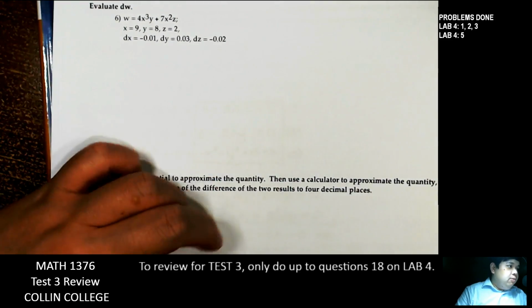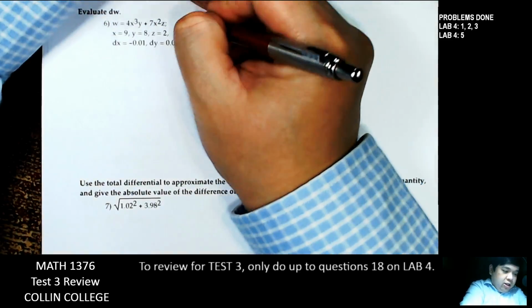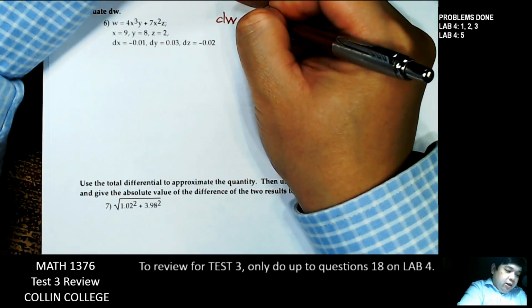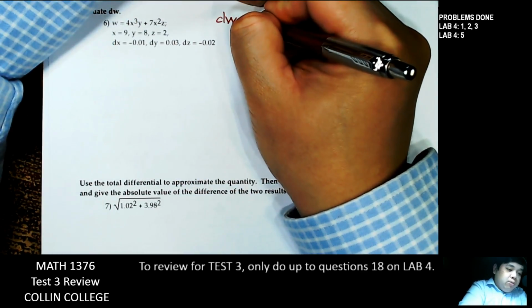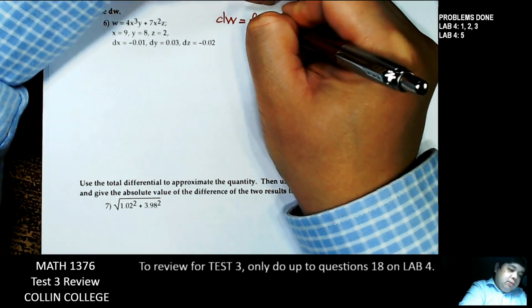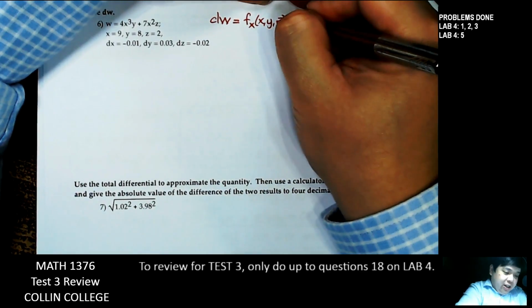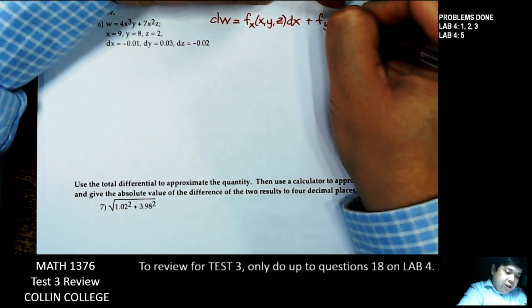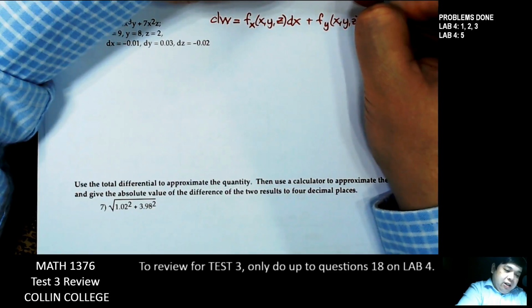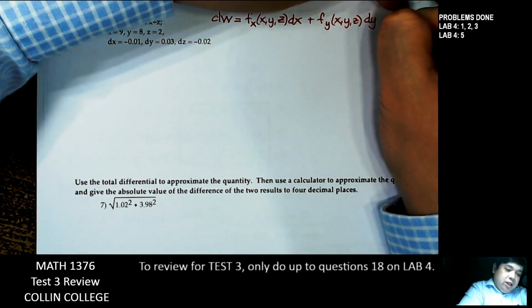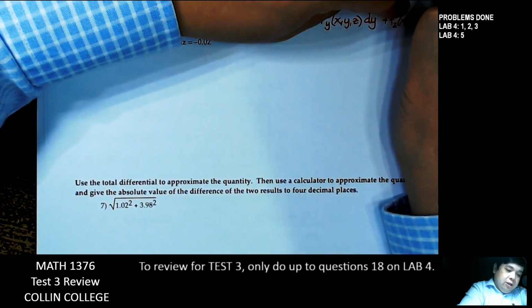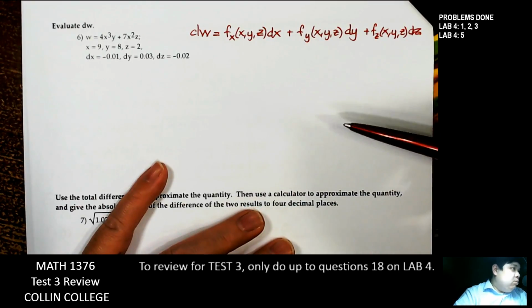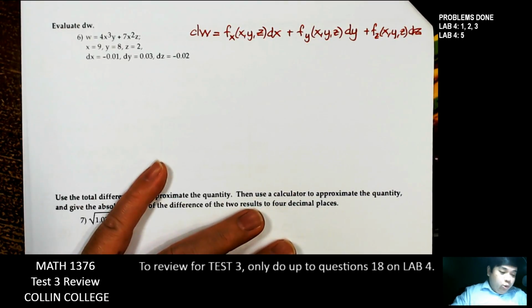So we can write dw equal to, we still have a function with respect to x, but it has 3 variables now. So we have dx and derivative with respect to y, dy and with respect to z, dz.